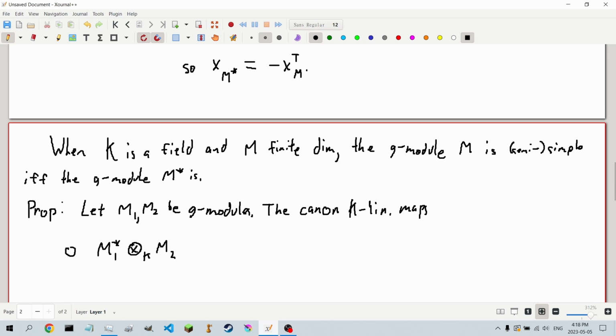I guess we'll call this map phi, to the K linear maps of M1 into M2.